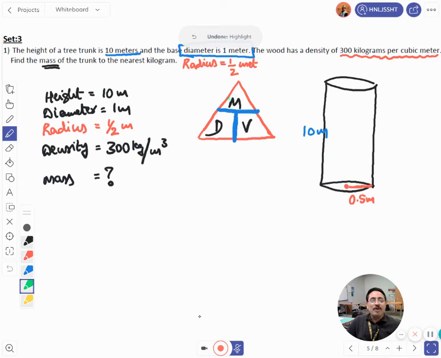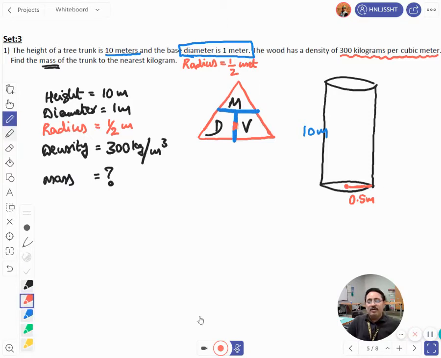If you are asked to find mass, please notice that density and volume, these two are side by side, which means don't take it as a fraction, you multiply. When they occur side by side, you multiply. So, density multiplied by volume.